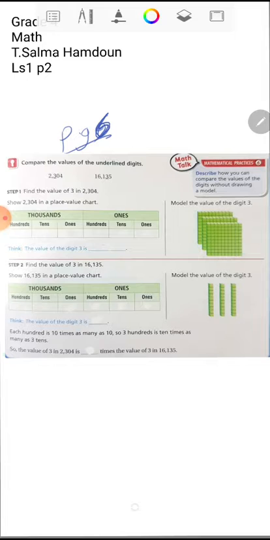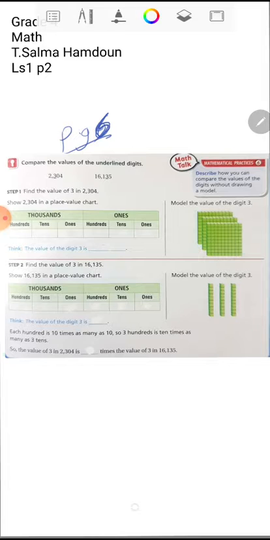Okay, so to compare you have to use this chart. I will use this chart to put each number in its position according to the digits. We will start. Look, this is the first number, 2304, and this number is 16,135.